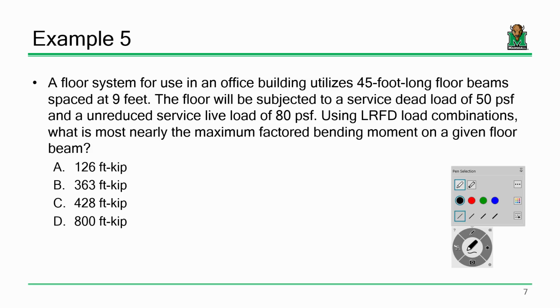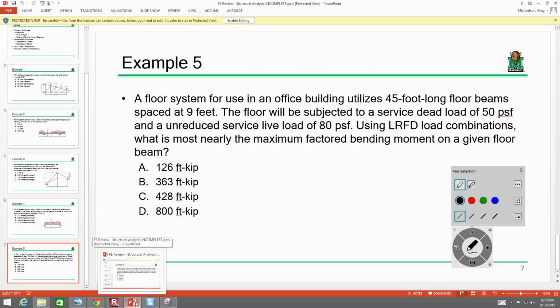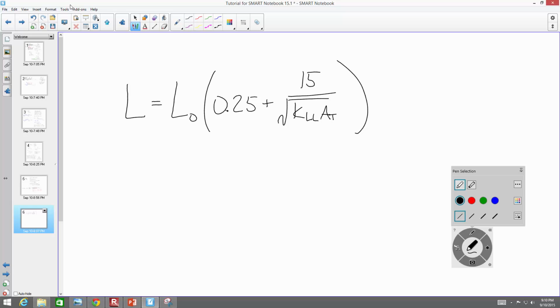If there's any one time that this little structural analysis page comes in handy, it's right now. So what we're going to try and do is determine the bending moment on this floor system. This actually is a fairly straightforward problem, but if you've never seen it, I want to arrest that right now. So let me go to my little notebook thingy. Let's full screen that.